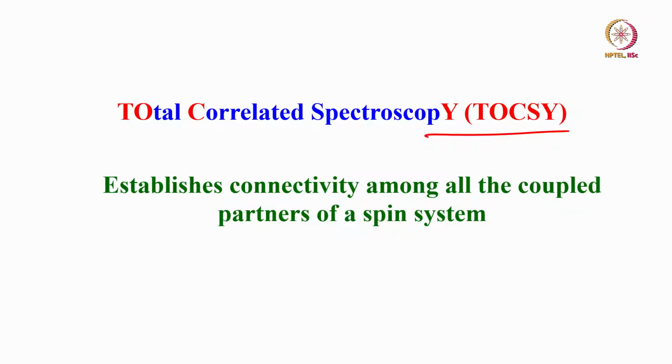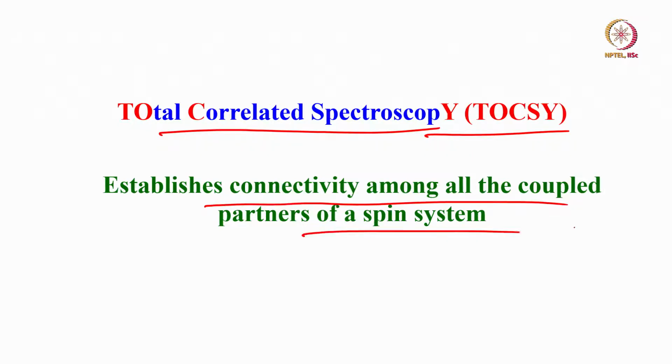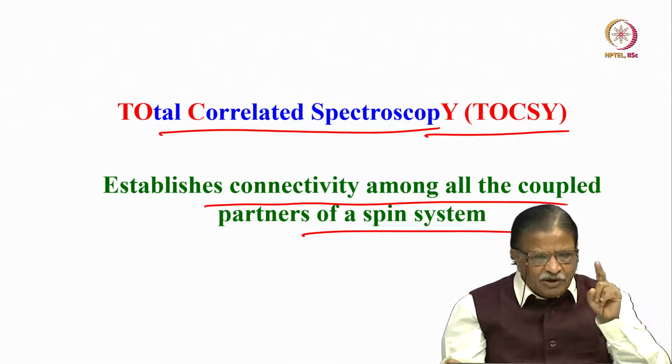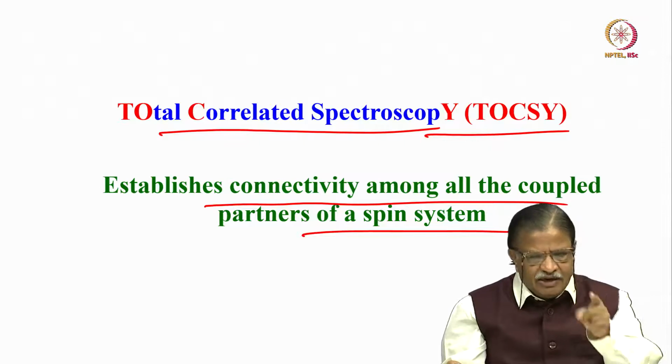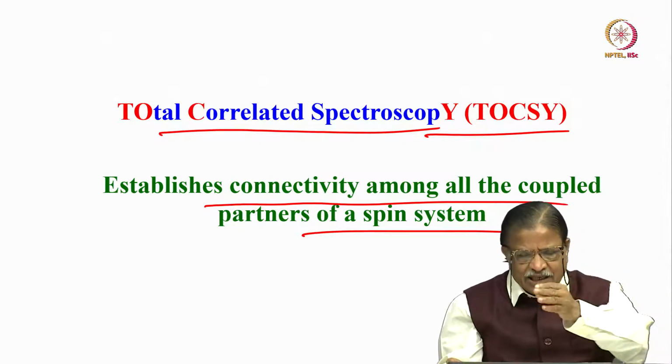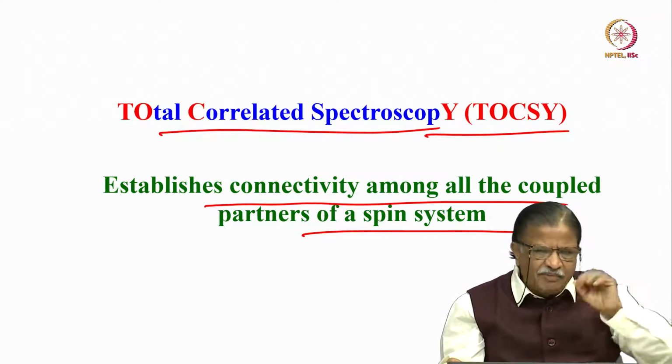TOCSY means total correlated spectroscopy. The name clearly tells you it will identify all the coupled spin systems in a single experiment. It establishes connectivity among all the coupled partners of a spin system. Remember, I told you what is a spin system? It is a coupled group of spins where one is coupled, another is coupled, all of them are coupled among themselves.